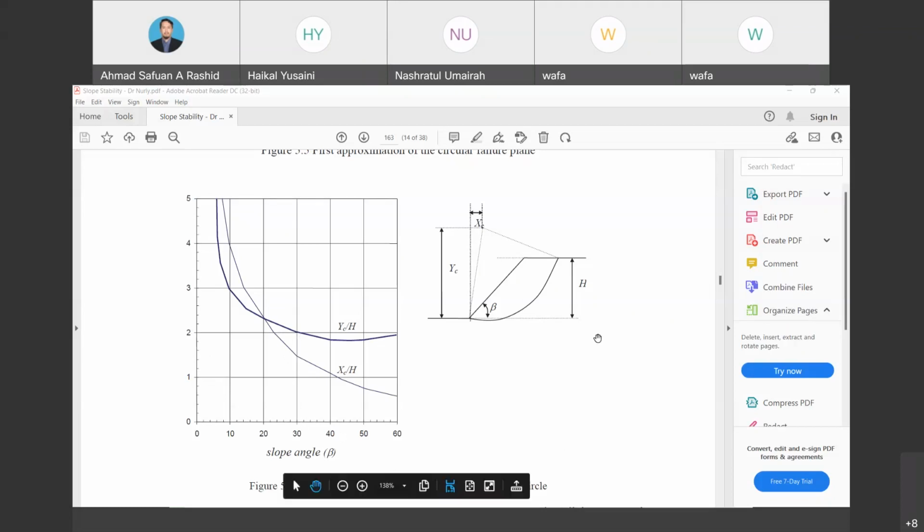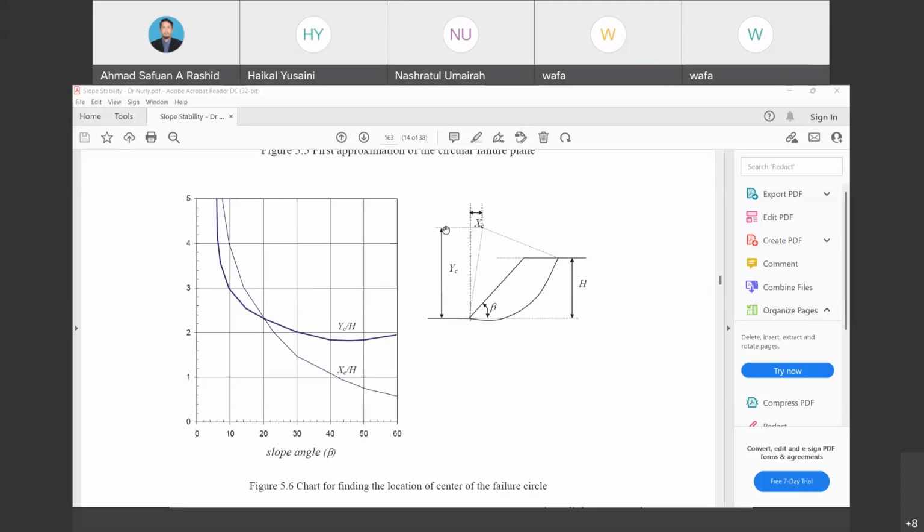Let's say the H value is equal to 1, we use a simple calculation here. So the YC that we need to construct, the height, should be equal to 2 because 1 is the height and YC over H is equal to 2. So definitely YC is equal to 2.